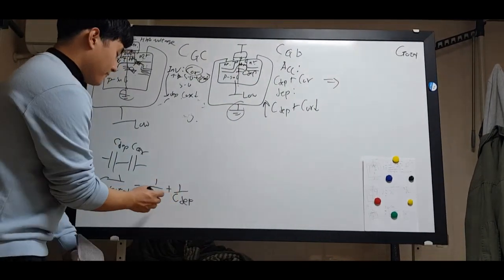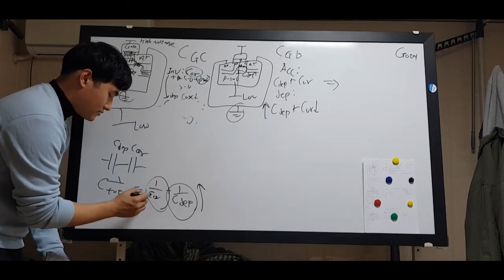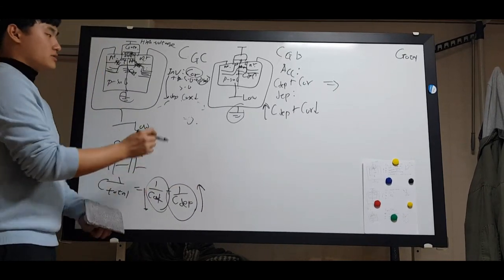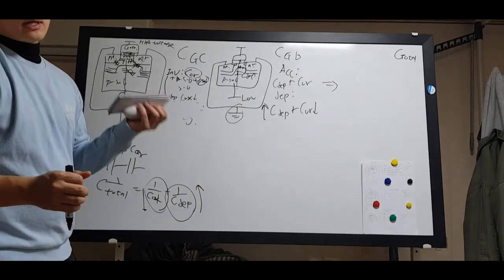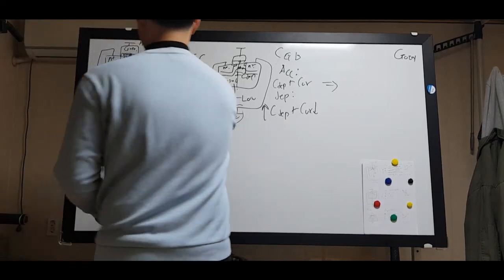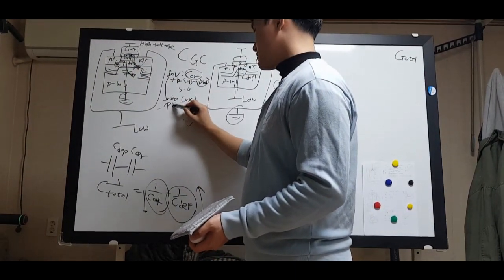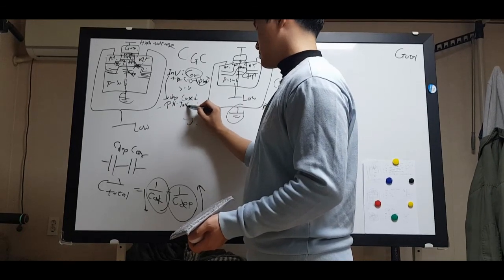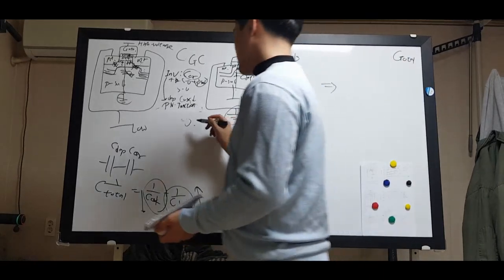So when the depletion capacitance is upscaled, the oxide capacitance will be downscaled. But as the depletion region becomes larger, the junction capacitance between the source and drain to the P-substrate will be larger.